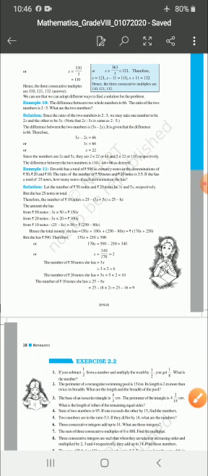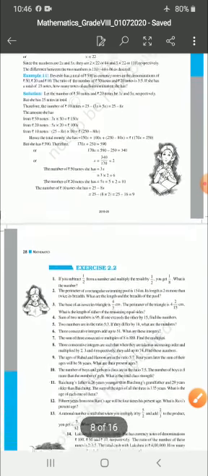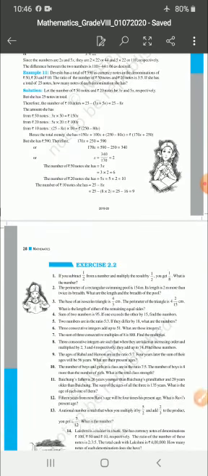Okay, next, example 11. Deveshi has a total of rupees 590 as currency notes in the denominations of rupees 50, 20 and 10. So Deveshi has the total amount 590 rupees. In which denominations?